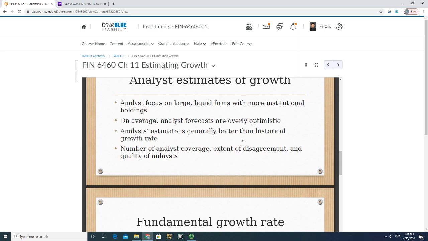If you assume that what happened in the past may repeat in the future, the historical growth rate might be a good indicator of future growth rates. And the second is to look at experts' opinion. But keep in mind, those experts are overly optimistic. So you look at those two numbers. But essentially, you want to have a fundamental understanding of the growth rates of the company that you are going to analyze.